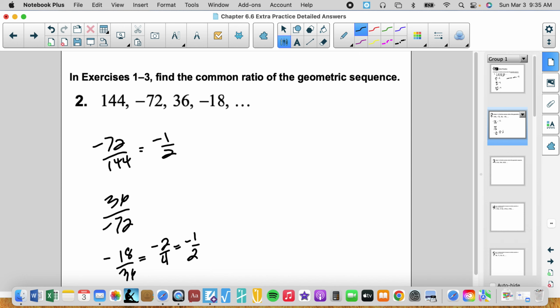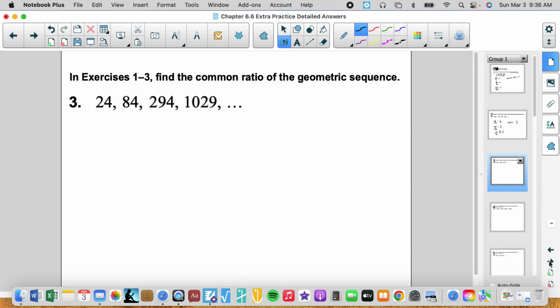So negative 1/2, negative 1/2. So the ratio is negative 1/2. If we multiply each of those terms by negative 1/2, we get the next term in the sequence. We can check it, and it looks correct.